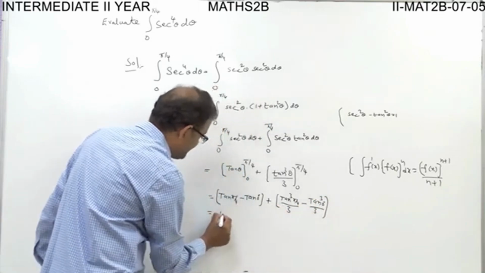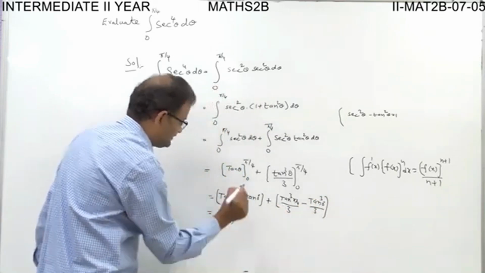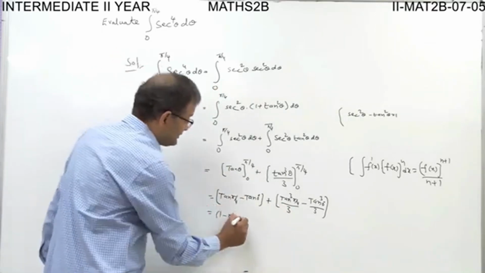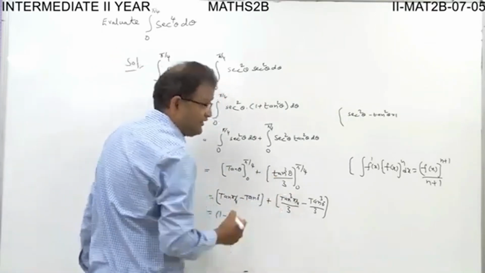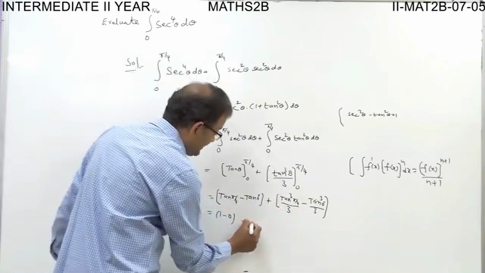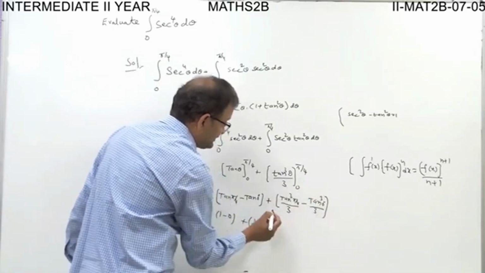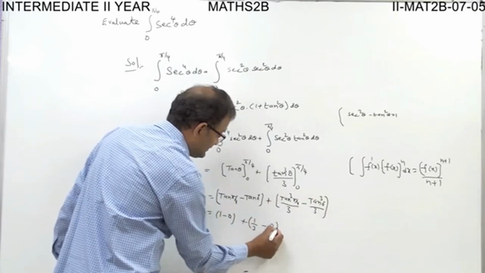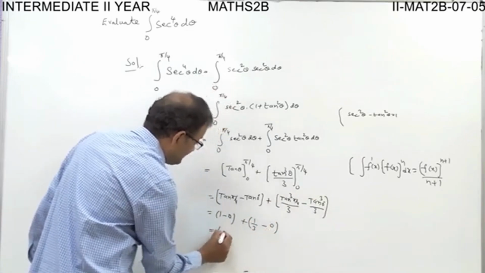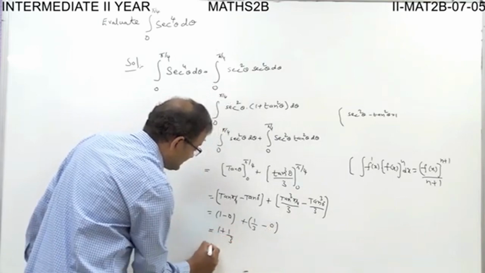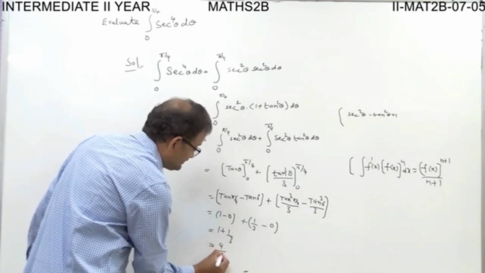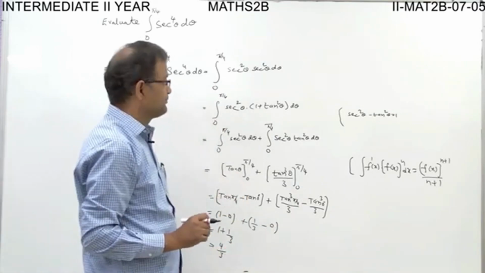Tan pi by 4 is 1, tan 0 is 0, plus tan pi by 4, 45 degrees, 1 cube by 3 means 1 by 3, minus tan 0 degrees is 0, that is 0 by 3, 0. Here 1 plus 1 by 3, so the answer is 4 by 3.